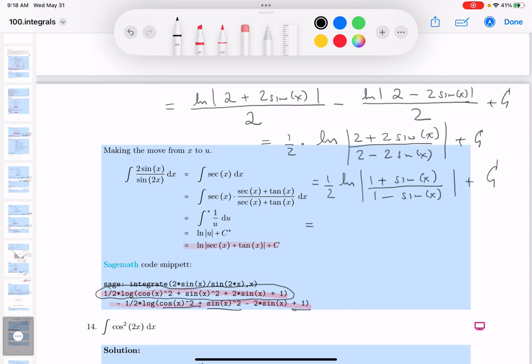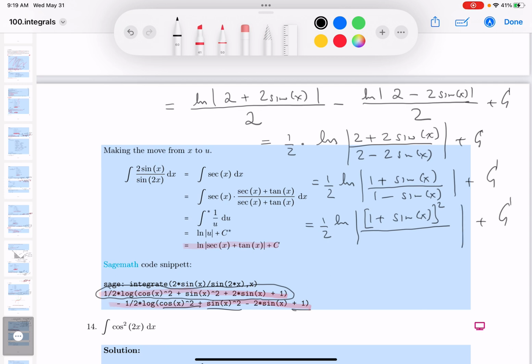Let me keep moving through it. Natural log. And I'm going to multiply top and bottom by, let's see, the bottom's conjugate. So I'm going to get this over here and get 1 plus sine, that's squared, plus c.